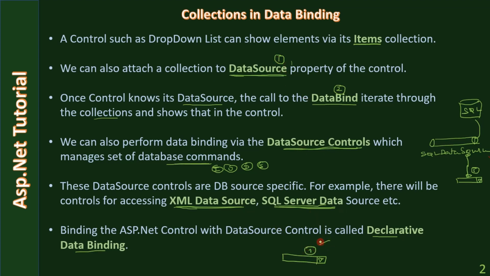And using the data source property, you can assign the SQL data source control, or you can make use of a .NET collection also. In both cases, the combo will populate the data content.